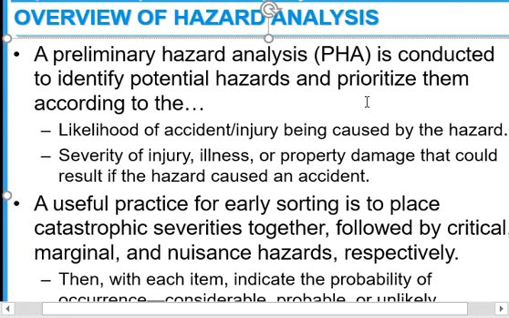So if there is a potential, I have to do preliminary hazard analysis, PHA. And also the advantage of it, I can prioritize the hazards. This is more important to fix than the other ones, because some of the hazards have less probability to occur. So this is the advantage of this preliminary hazard analysis.